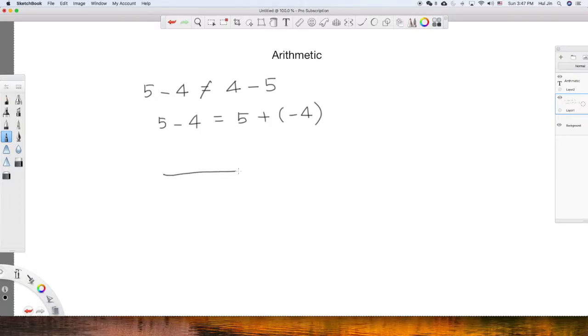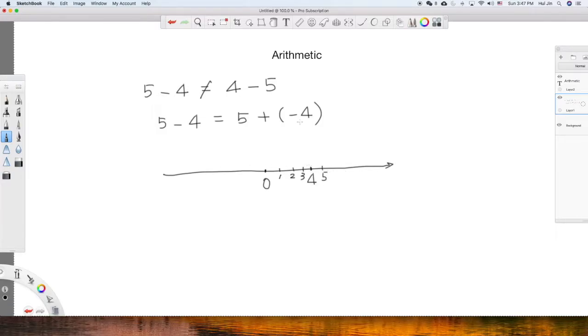Negative 4, one way to think about it is on a number line. I put the 0 point, and then somewhere there's a 4. 1, 2, 3, 4. It's not equally spaced, but for a moment think of this as 1, 2, 3, 4, 5, and go on.